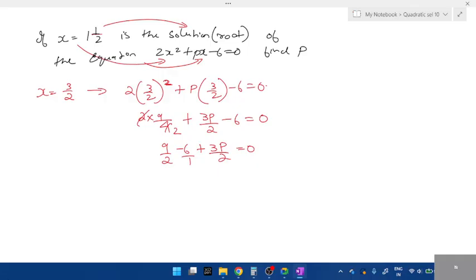So today we have learned two main topics: the general equation and what is a root or solution.